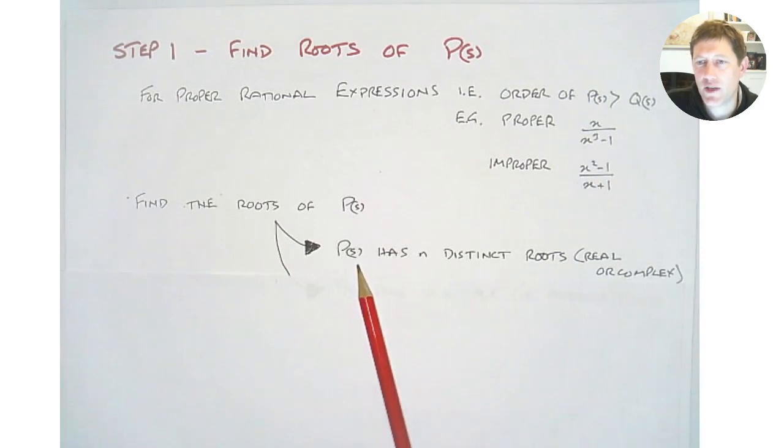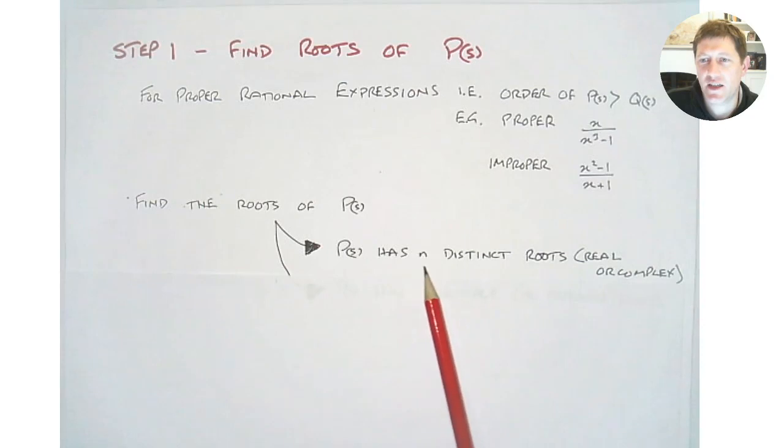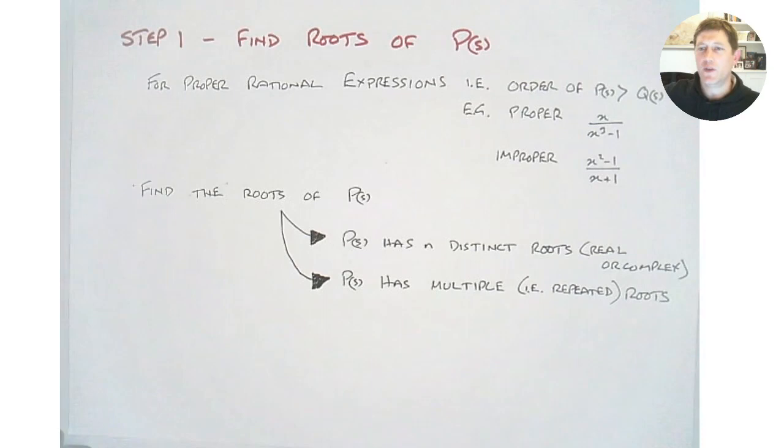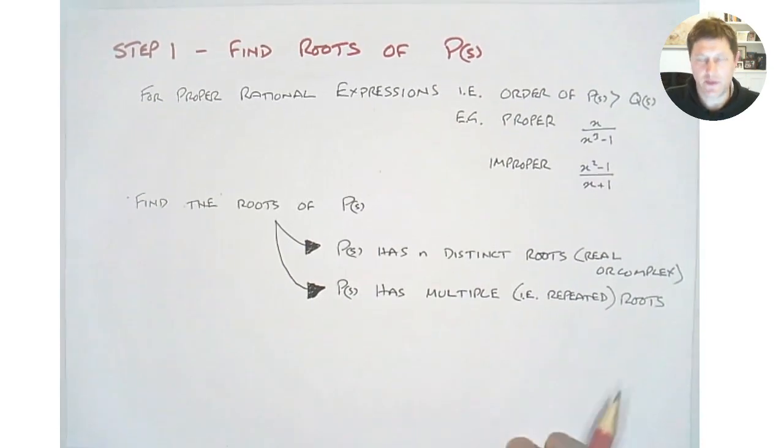But we will look at two cases where the polynomial p(s) either has n distinct roots, they could be real or they could be complex, and the other case is that p(s) has multiple, i.e. repeated roots. So that's to say it has more than one of a particular value for its root. And we need to treat those slightly differently in our method.